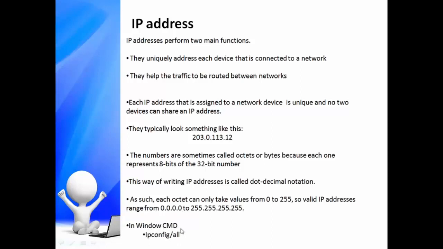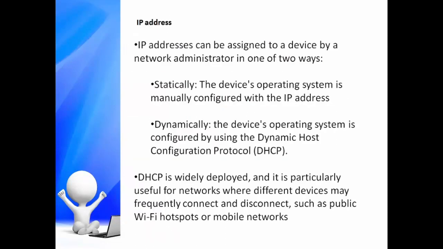If you want the same on a Linux system, then just type ip addr. An IP address can be assigned to a device by a network administrator in one of two ways: statically, where the device's operating system is manually configured with the IP address, or dynamically, where the device's operating system is configured by using the DHCP protocol, that is, Dynamic Host Configuration Protocol.